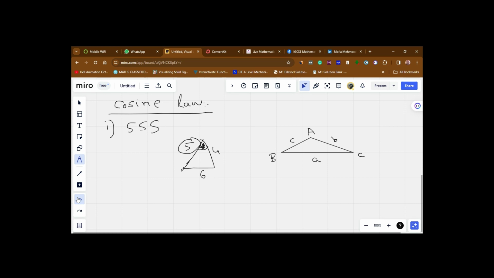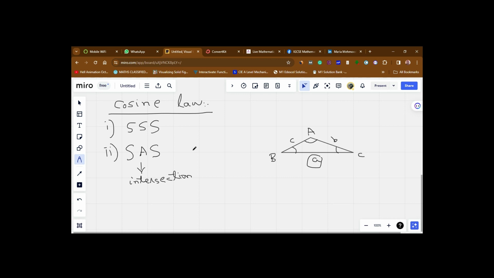In the same manner, when two sides are given to you and the interior angle which is present at their intersection is given to you, then in that case you're going to use your cosine law to find the third unknown side and the remaining unknown interior angles. So if two sides are given and the angle which is present at their intersection, let me just write down here, angle which is present at the intersection of the two given sides, if they are given to you, then you're going to use your cosine law.